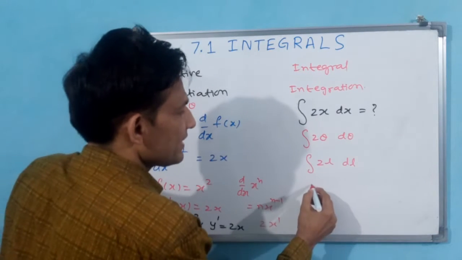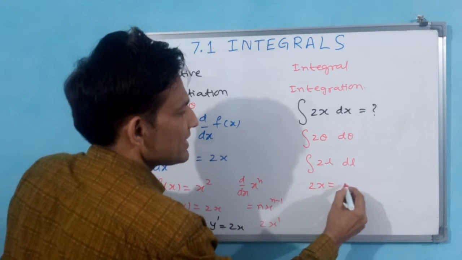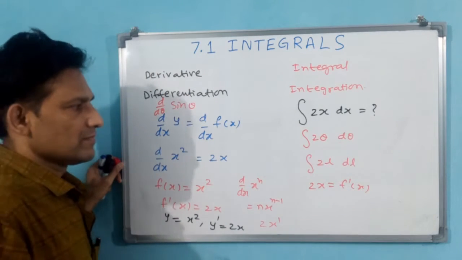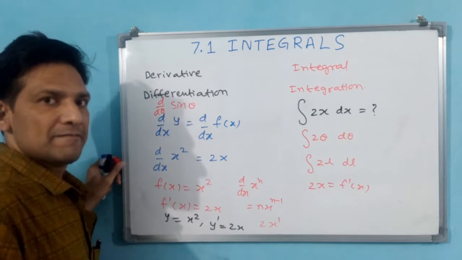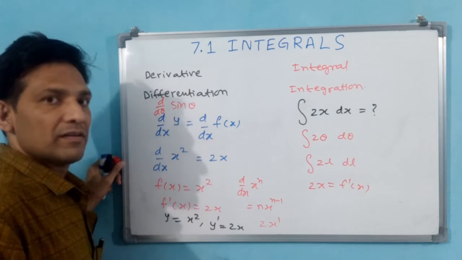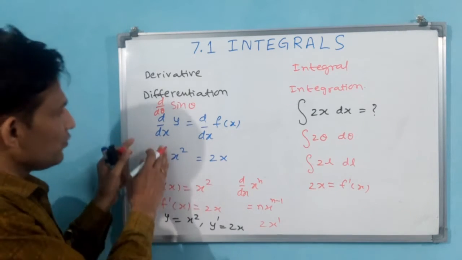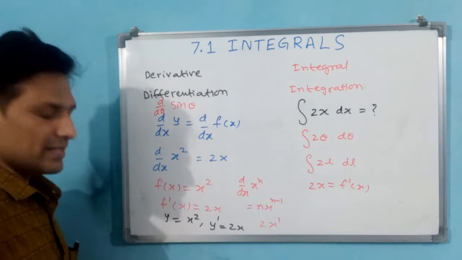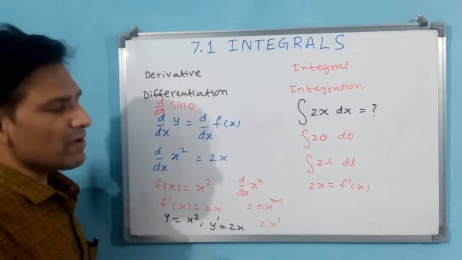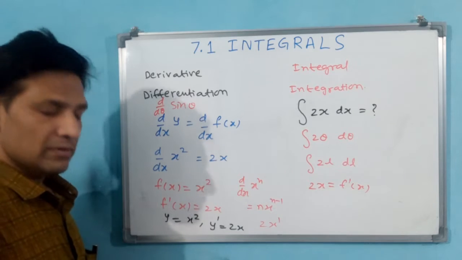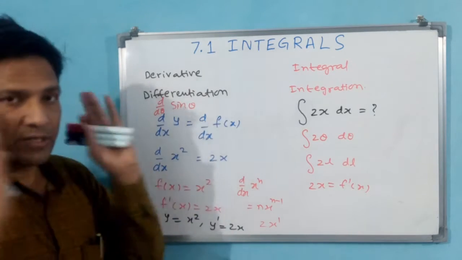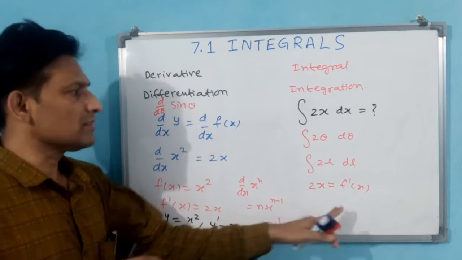We can say here 2x is f dash x. See, because you know x square is there, that is why you are calling it f dash x. Or else you can say simply f of x also. But we are thinking only about integration, then this is called f of x.